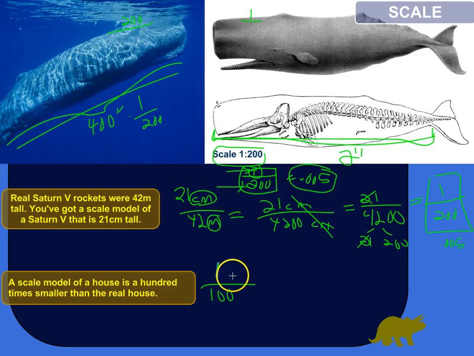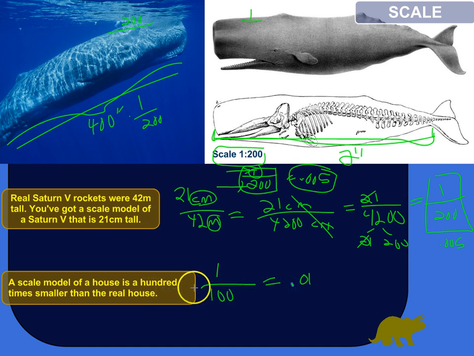So saying it's 100 times smaller is the same as saying that the real house is 100 times bigger. Does that make sense? So the scale factor of the scale model of the house to the real house would be 1 to 100, which you can turn into a decimal if you want, 0.01 if that makes you feel better.